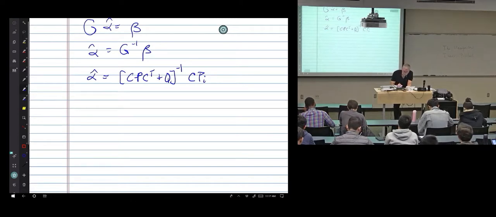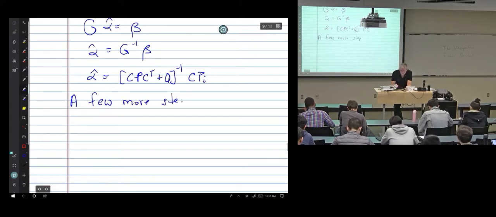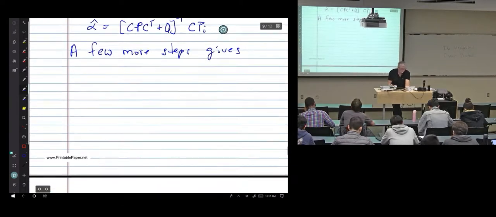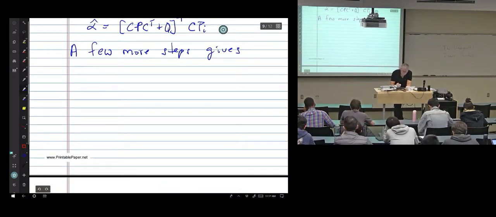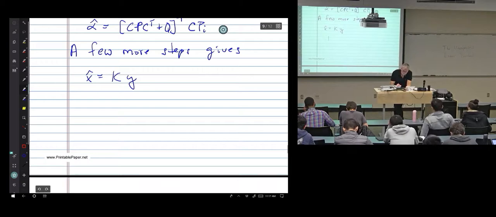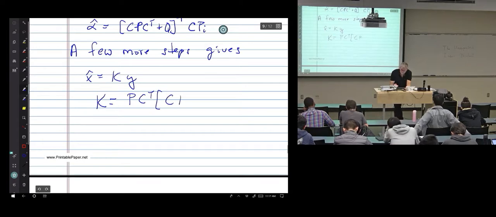Okay, and then a few more steps gives, well, post all of them, we end up with x hat equals K times y, and K is equal to P C transpose times C P C transpose plus Q inverse, okay?